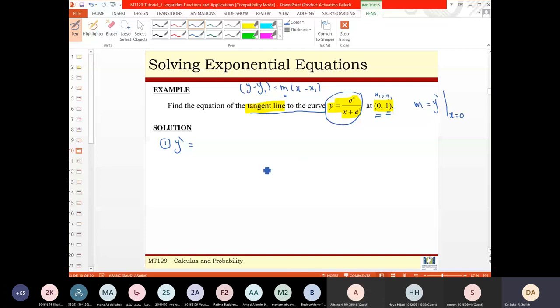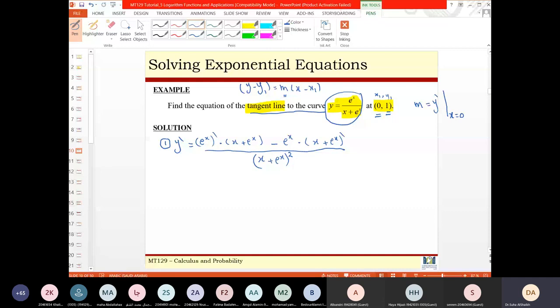So it is actually e to the power x dash multiplied with x plus e^x, which is the second, minus the first, which is e^x multiplied with x plus e^x dash, divided by x plus e^x square. Right?